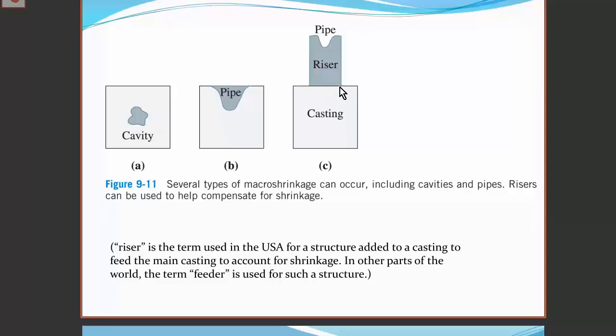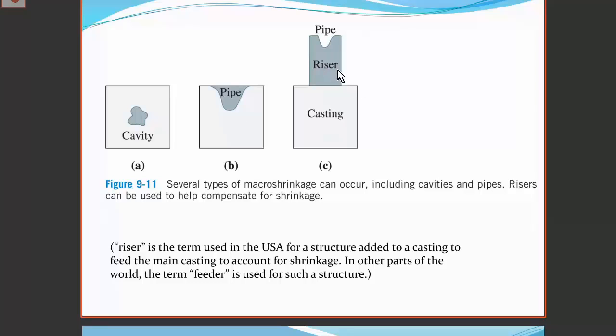The riser must then be removed in order to result in a functional object. Although this results in extra material being required for the casting, it results in a casting that is free of defects due to shrinkage.